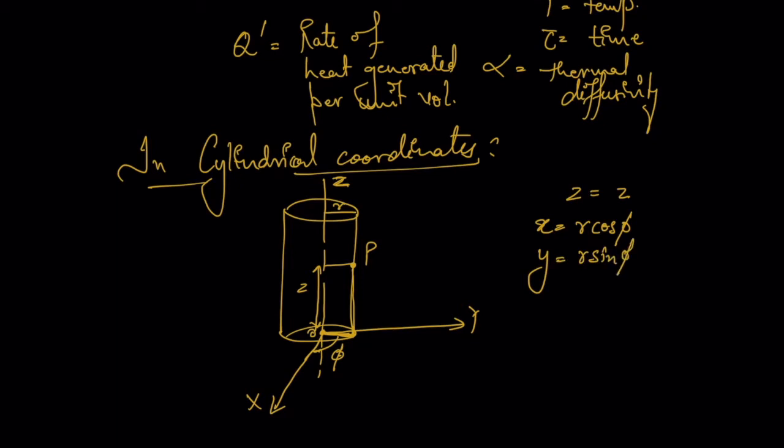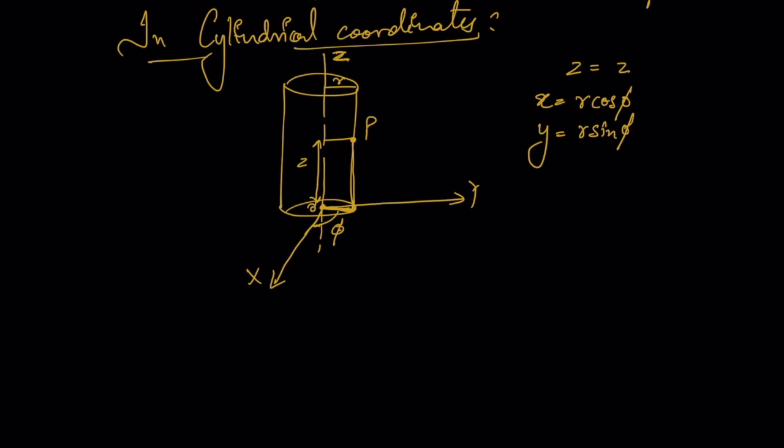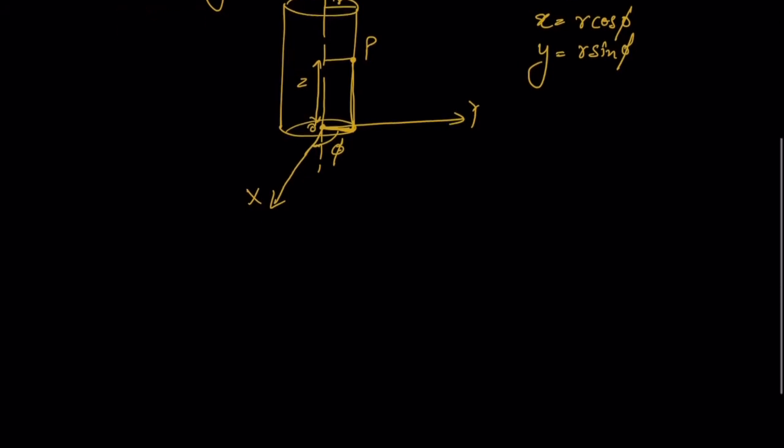Using these components, if you put them into the rectangular coordinate equation above, you will get the cylindrical coordinates equation. I am just writing the final form because we are not going into the derivation.